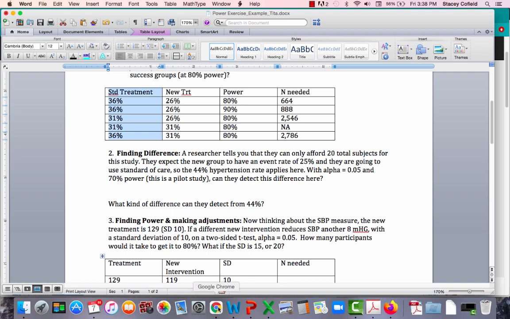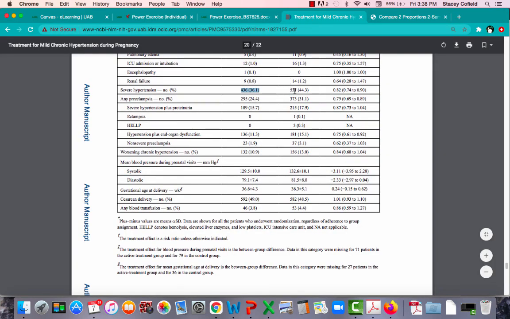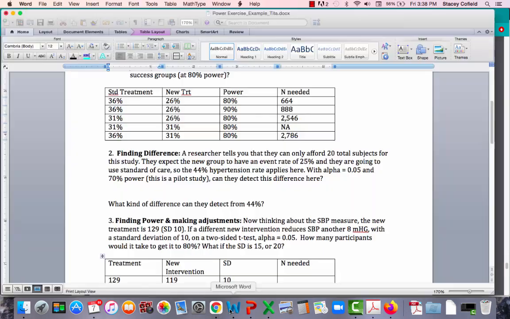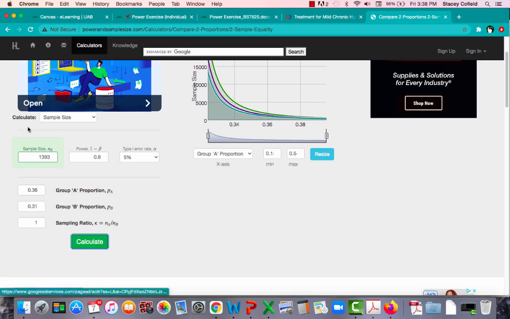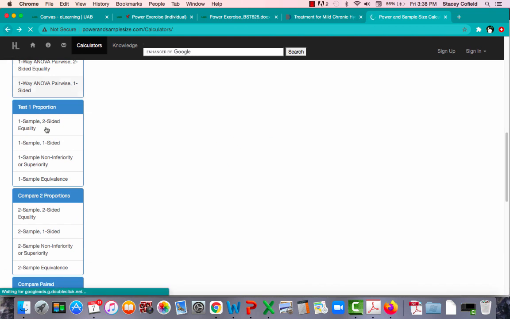So if you go back here to table 3 for severe hypertension, and you say that it was 44%, and now we think we're going to have a new intervention that is 25%, and they're going to compare it to a 44% rate. So now they have 25% in the new, 44% is standard of care, and they have an alpha of 0.05, and they want to do a power pilot study at 70%. Can they detect that difference with 20 people? So this is a little bit of a different take here. I'm actually going to go back out and reset this.